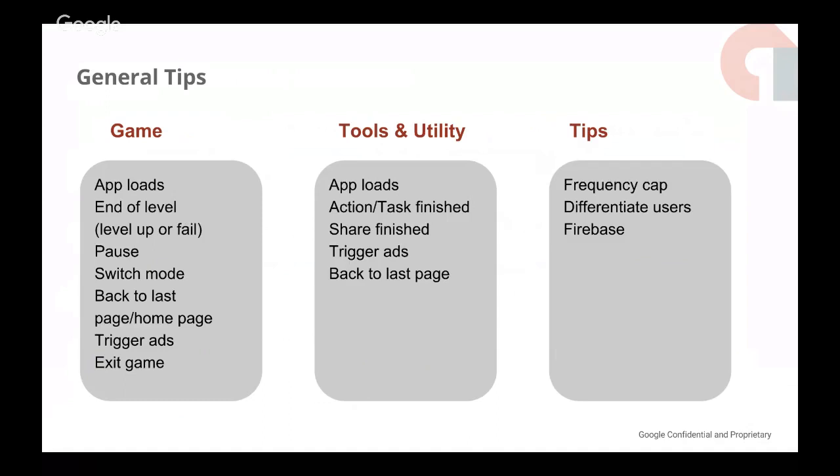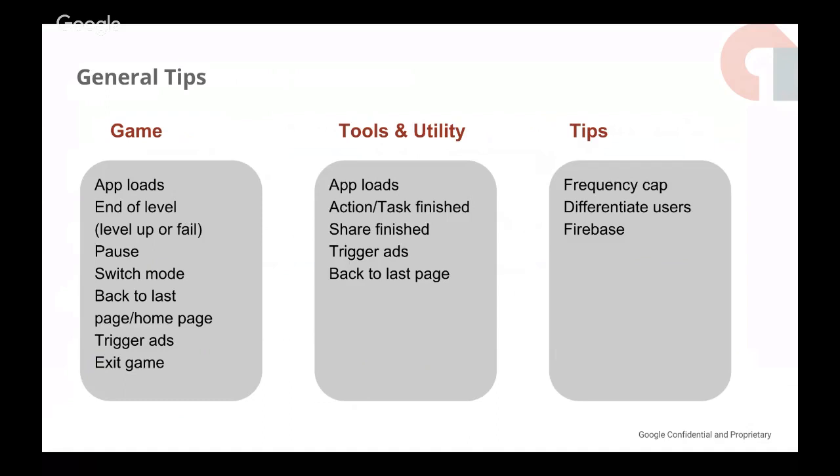The first one would be app loading, and some other common ones would be, for example, when the user has finished a level, or when the users have leveled up or failed on particular levels. Some other common scenarios, for example, when the users are on the home page, or when the users are about to exit the game.